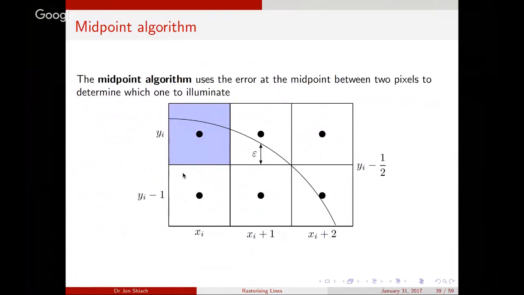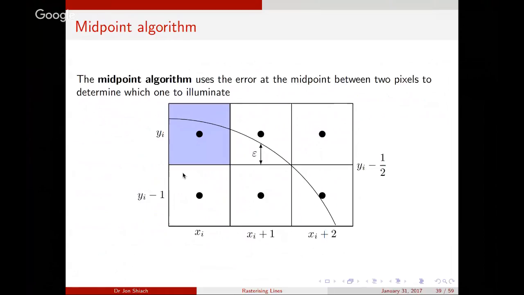So what we have is this simplified diagram. Here, this blue pixel, we're assuming it's already been illuminated. We know that that's a pixel on our circle. What we then do is we step to the right, and we have a choice between the pixel to the east or the pixel to the southeast.